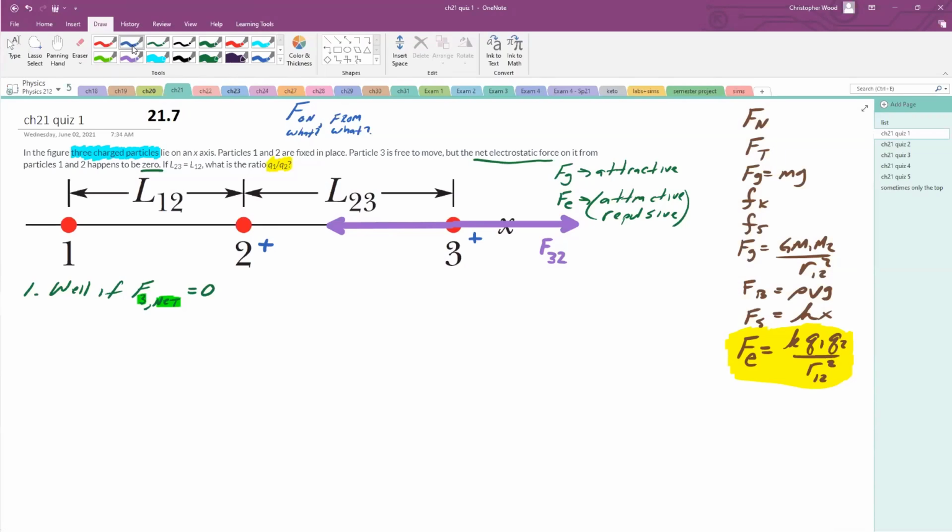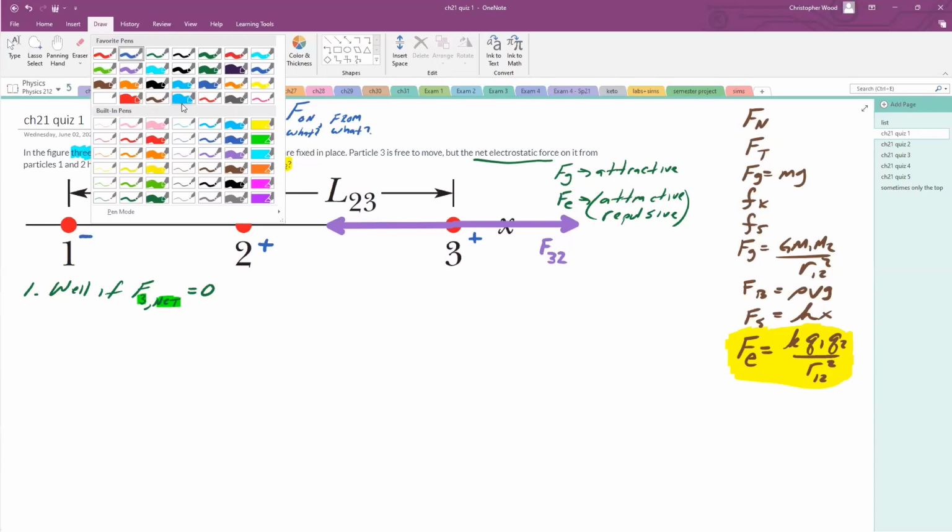And as long as I'm making up charge signs, I have to call Q1 a negative charge. If particle 1 is negative and particle 3 is positive, this is the direction of the force acting on particle 3 due to 1.